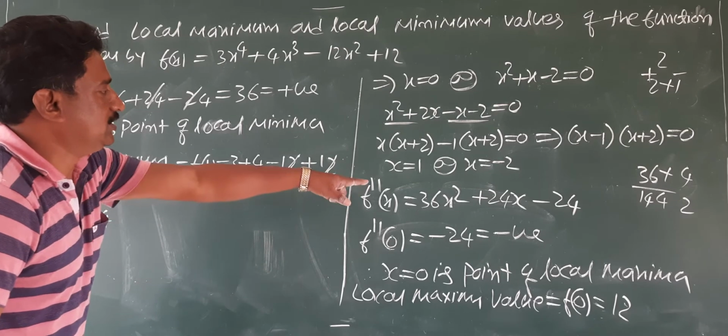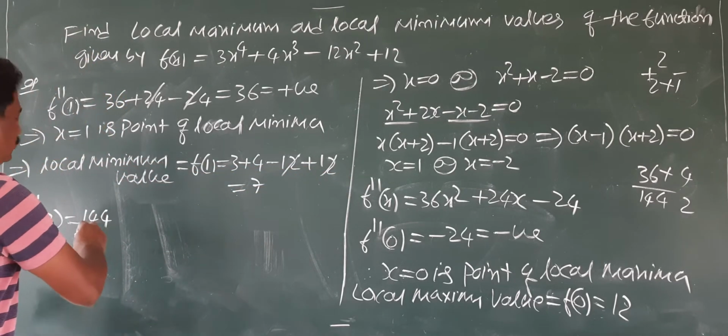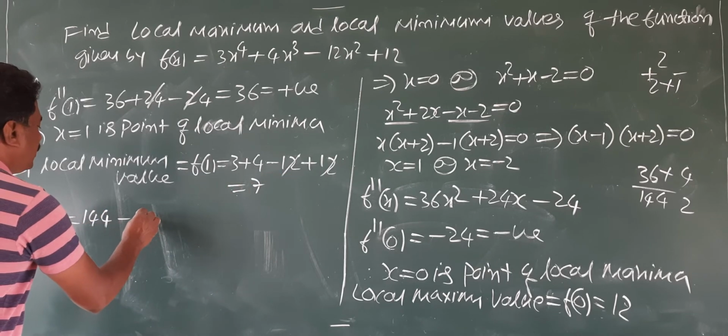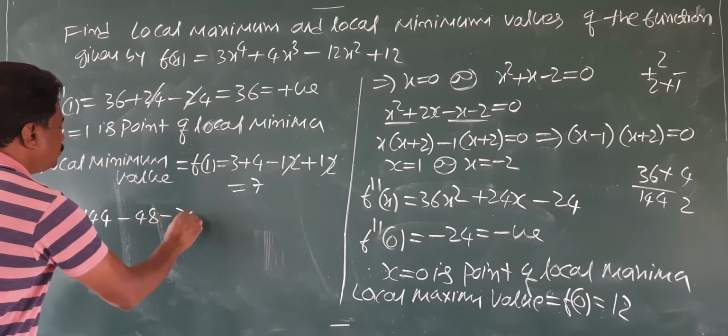So next, 24 into minus 2 is minus 48. So 144 minus 48 is minus 24.